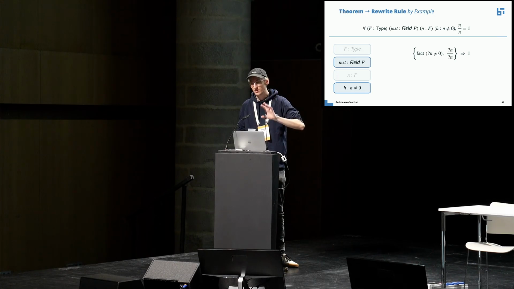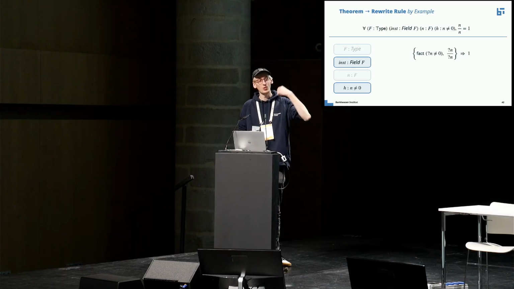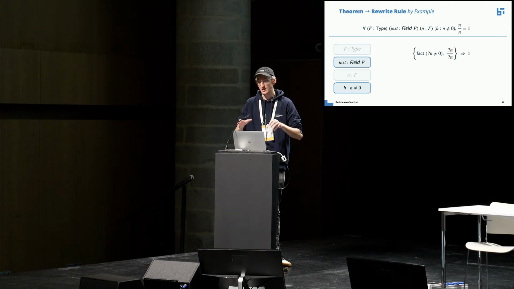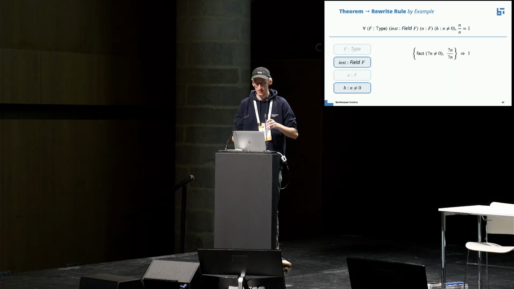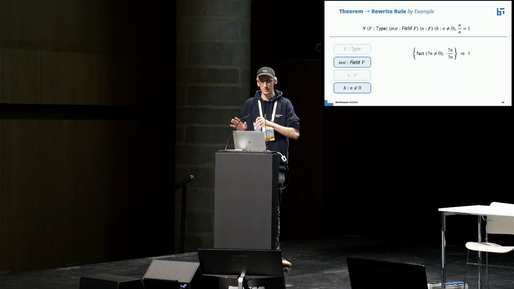In order for this rewrite rule to go through, you in a sense need to proactively already have proven that n is non-zero. So if you haven't yet proven that n is not equal to zero, the rewrite rule won't go through. In that sense, it's the other way around compared to the analysis approach. Does that answer your question?